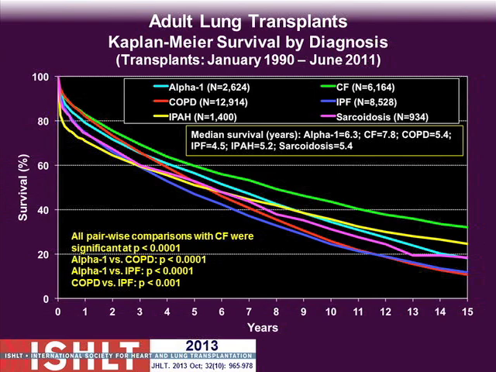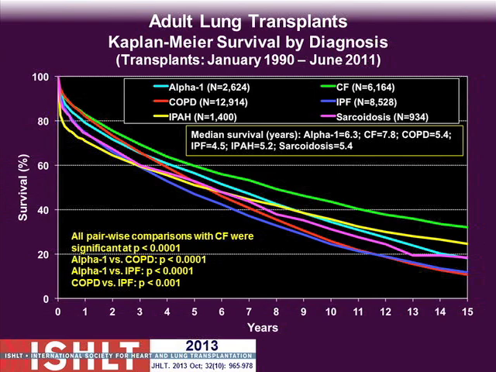After the first year, actually between the second and the third year, there is a relative change in survival, with a decreased survival compared to all other disease states. And this is important to know.